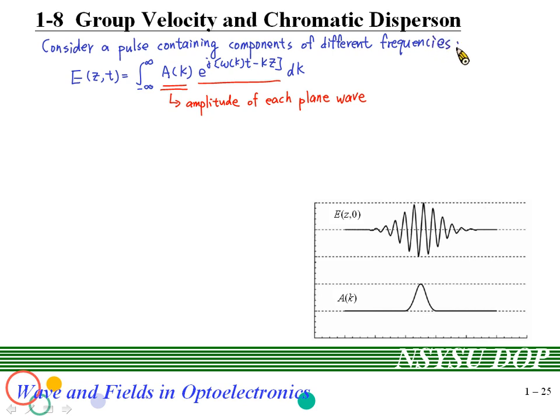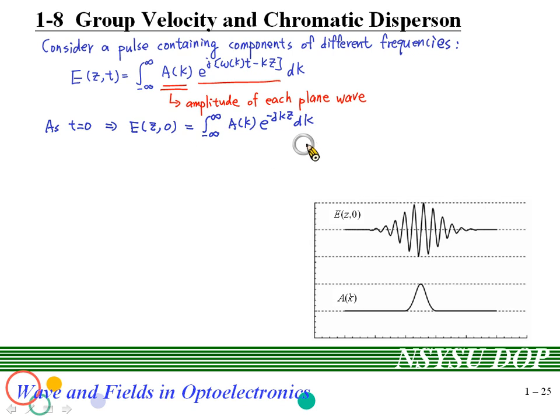Okay, and now this is the general expression for the E field. Here we consider t is 0. As t is 0, we take this value into this expression. We will have E of z, 0 being the integral from minus infinity to positive infinity of A of k times exponential minus jkz dk.